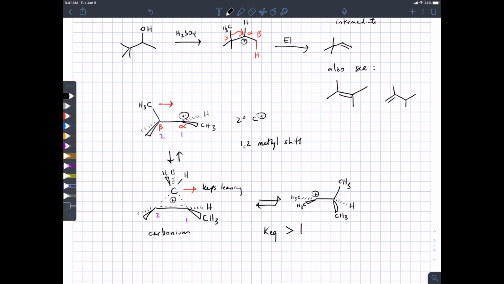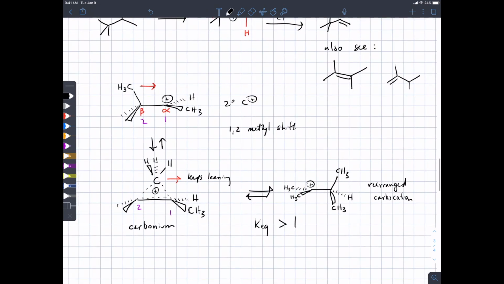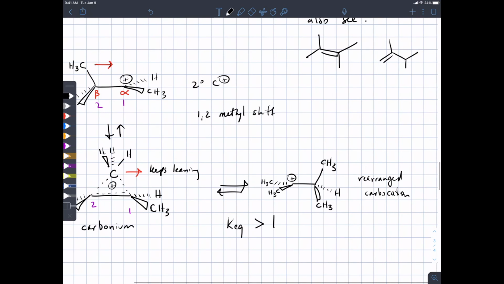Can you tell me why the rearranged product carbocation might be preferred relative to the starting carbocation? Yeah, go ahead. Just because it moves it on a tertiary carbon rather than a primary carbon? Right. The positive charge is on a tertiary carbon. Those are more stable because of more hyperconjugation opportunities.